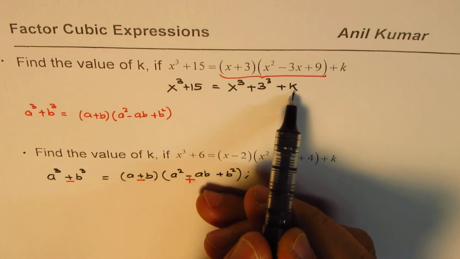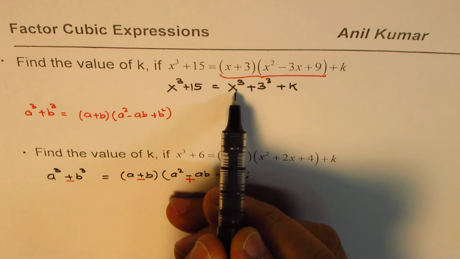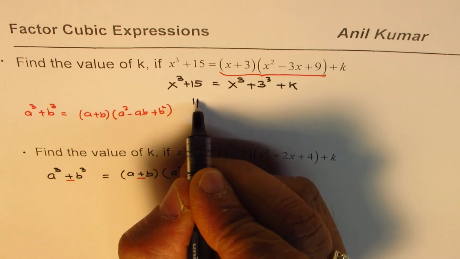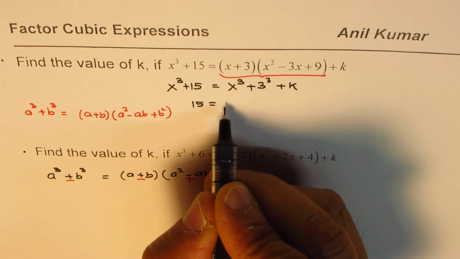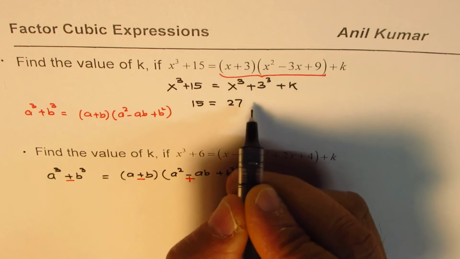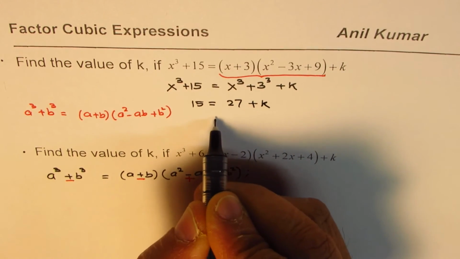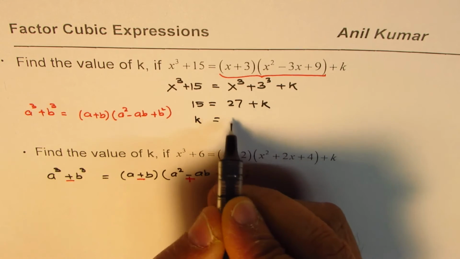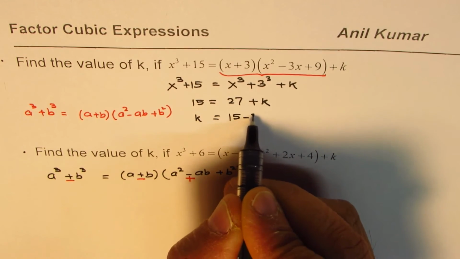Now to find the value of k, x cubed cancels, and you can bring 3 cubed, which is 27. So we could write this as 15 equals 27 plus k, or you can say k is equal to 15 minus 27.